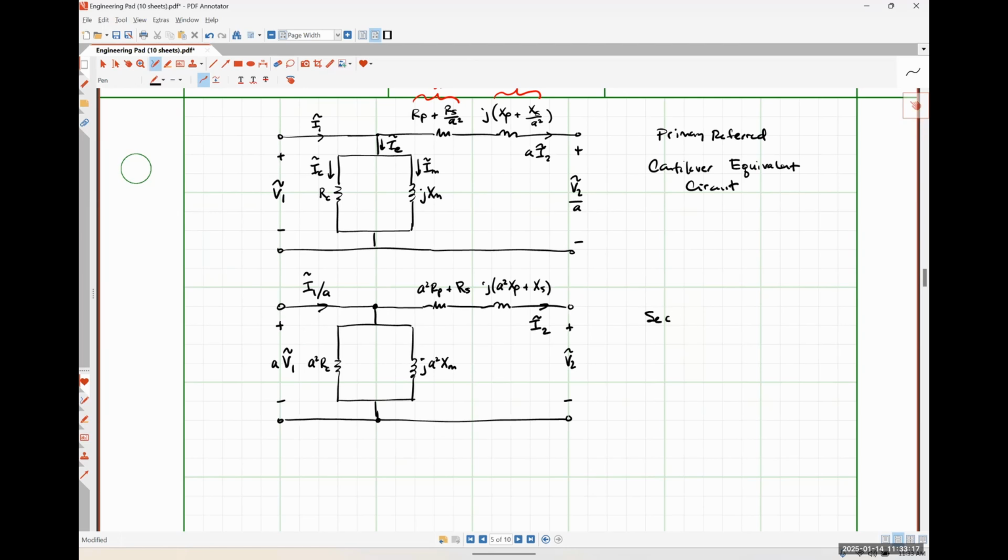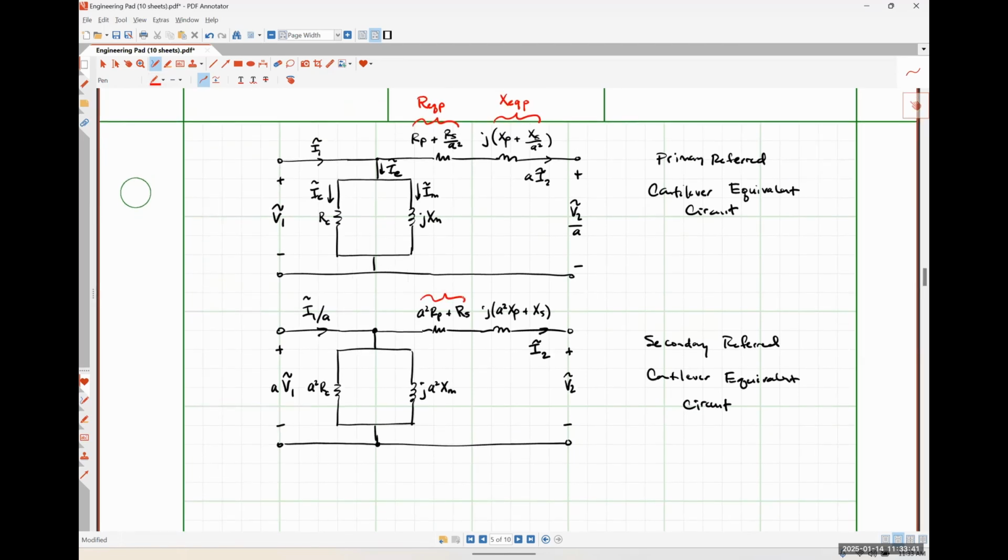So this will be our secondary referred cantilever equivalent circuit. And for what it's worth, we would probably lump these together and call them REQS and this together as XEQS.